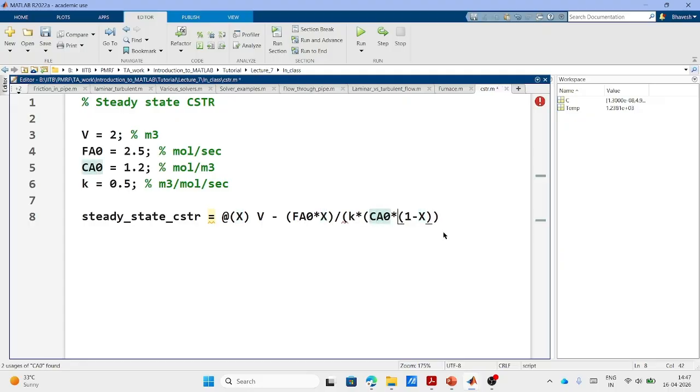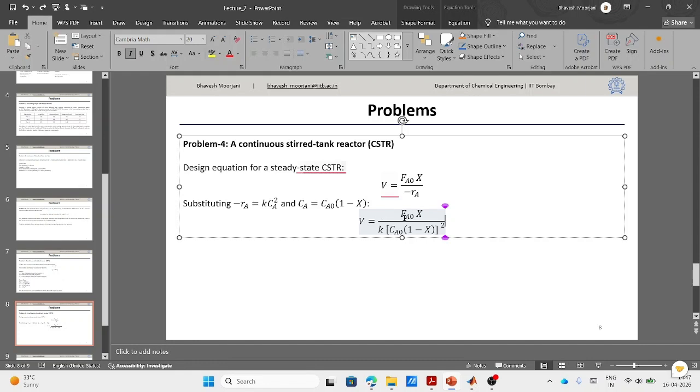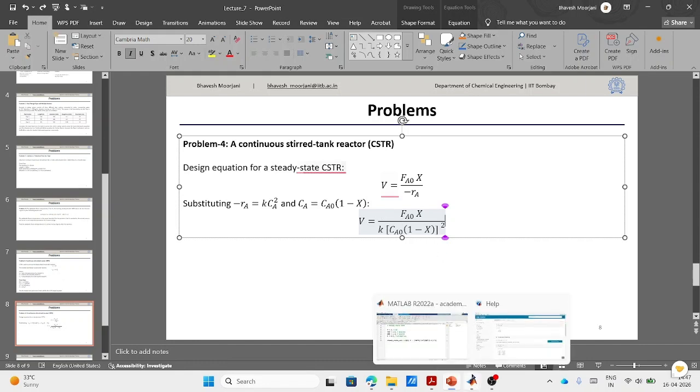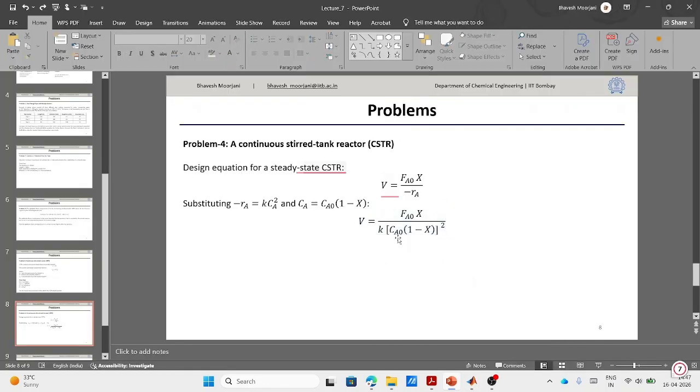You can put another bracket. One more thing to be careful about when you are working with a longer equation is that you know where the correct power begins and ends, where the multiplication starts or ends, right? Here Ca0 into (1 minus x) to the power 2 should come.